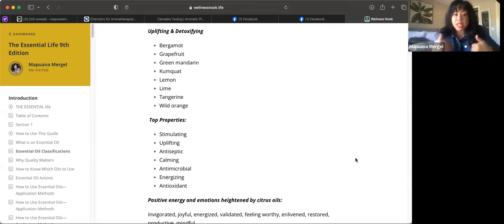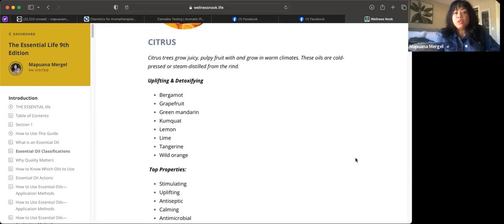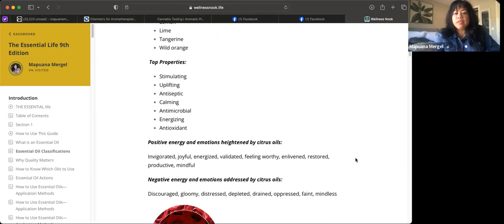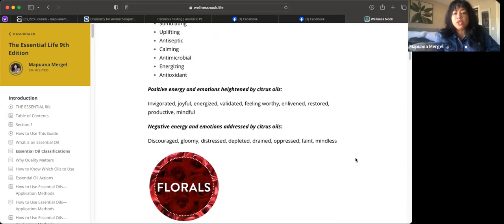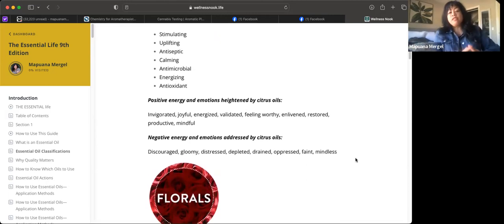It helps your body detox, but you have a variety of citrus oils to help you whenever you need. So the positive energy and emotions that are highlighted there are invigorated, joyful, energized, validated, feeling worthy, enlivened, restored, productive, mindful.